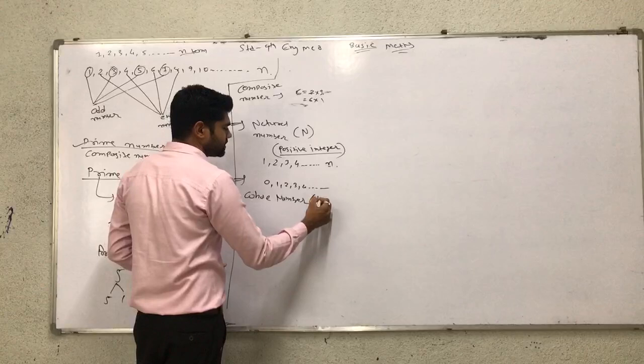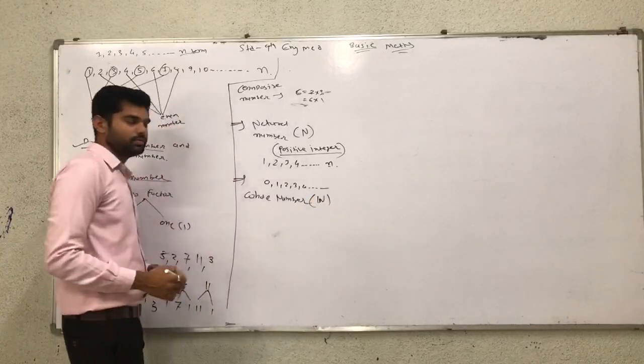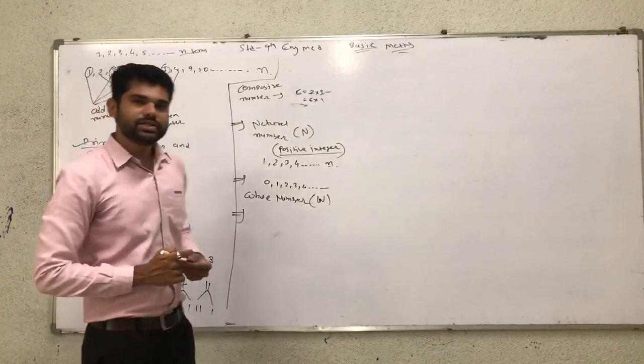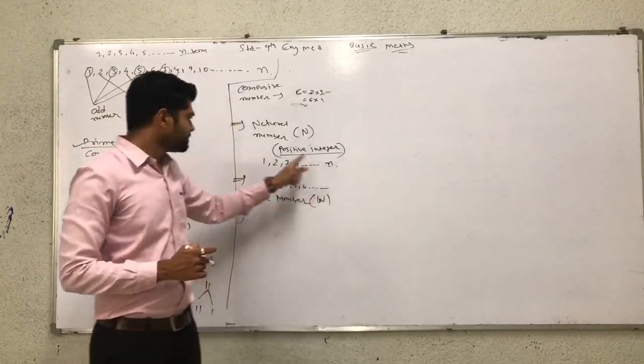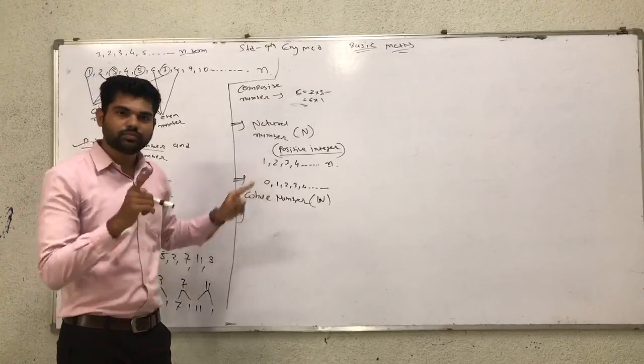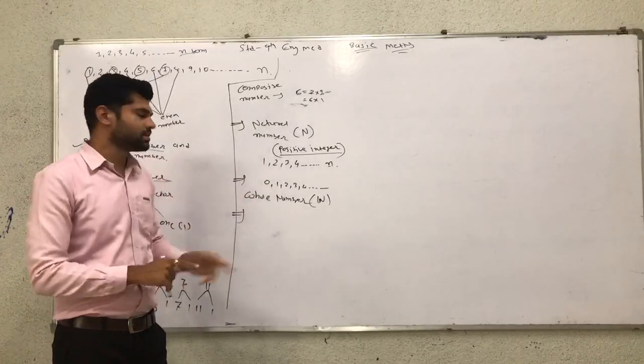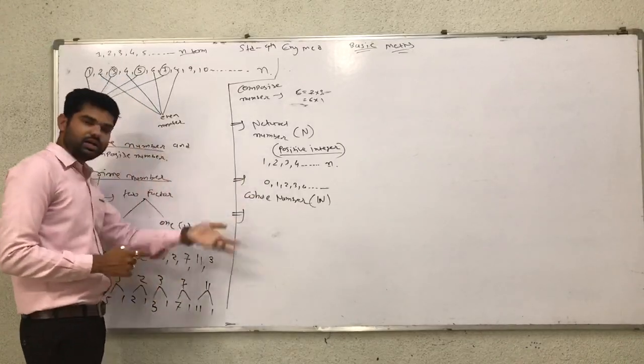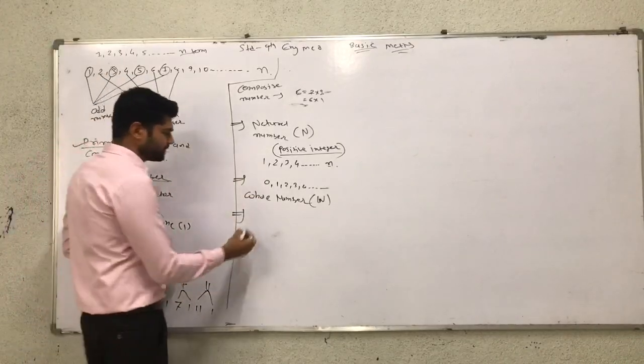And this whole number is denoted by capital W. So it contains only positive integers, that is, natural numbers plus 0. That number is a whole number. And now another is negative integers.